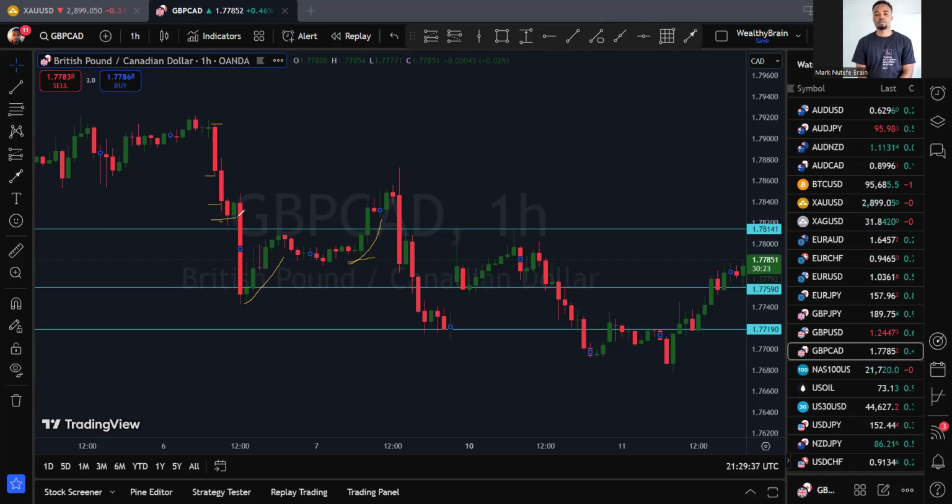At that time, somebody who is seeing this place as a support will be disappointed with this candlestick. At the same time, somebody who thinks this area is a resistance and is expecting a sell will be disappointed with this. Most people will say support and resistance don't work.